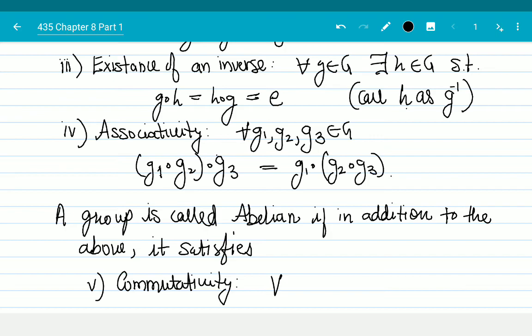Which is to say, for every g, h belonging to G, g composed h should be equal to h composed g.